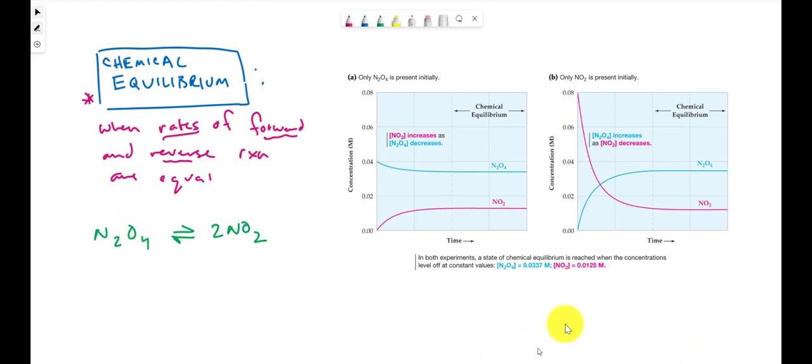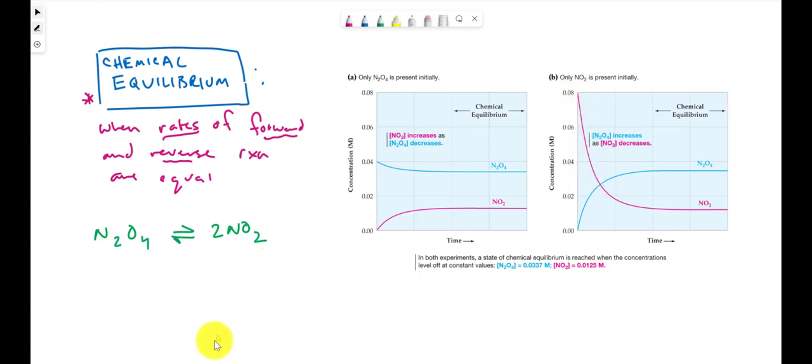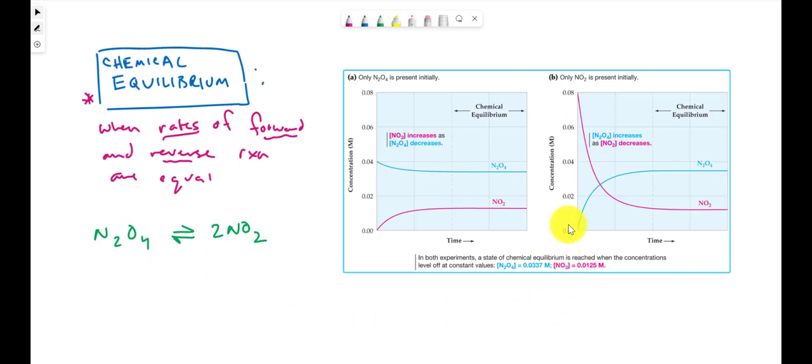So we start up here with NO2 at 0.08, and as this stuff gets destroyed, we are running this reaction in reverse, and we start to create N2O4. These two curves start to intersect, and voila, at the same point, we start to have unchanging concentrations of both of these species.